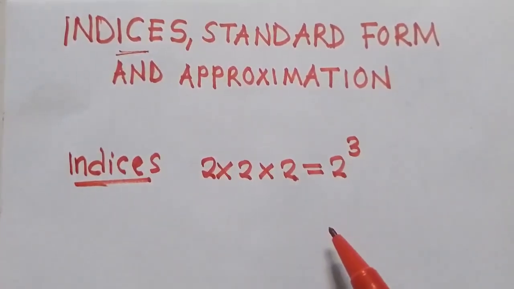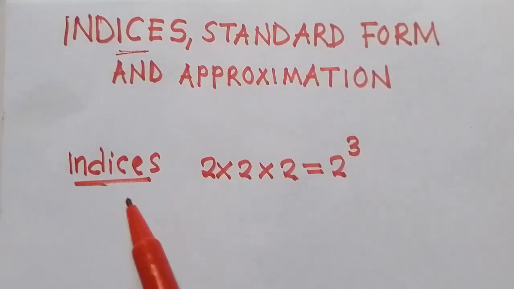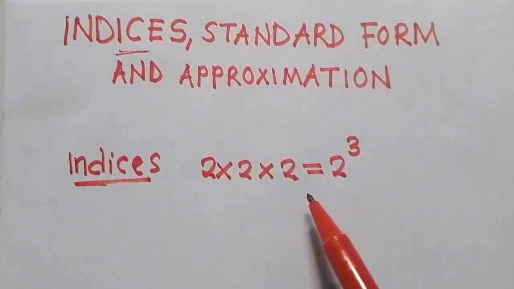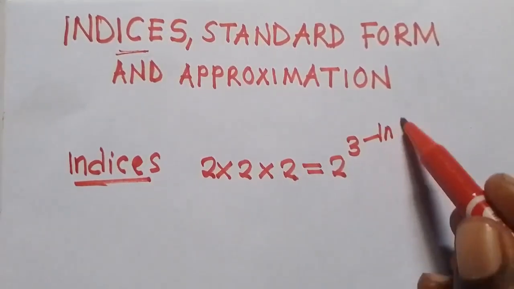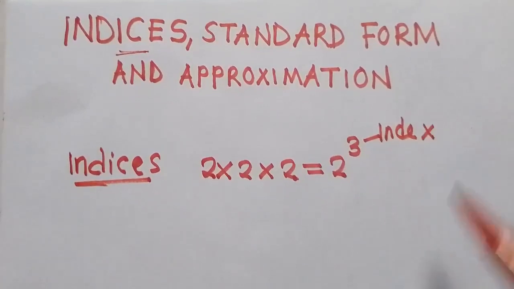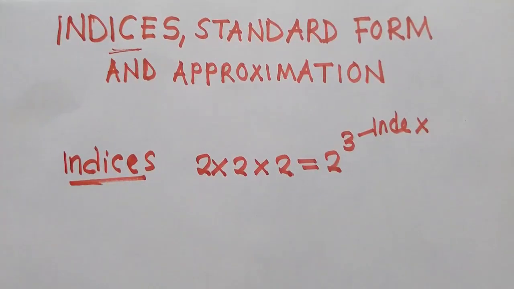This is what we mean. So whenever you are talking about indices, these just indicate how many times a number is multiplied by itself. Then this 3 here is called an index. This is what you need to know and understand.